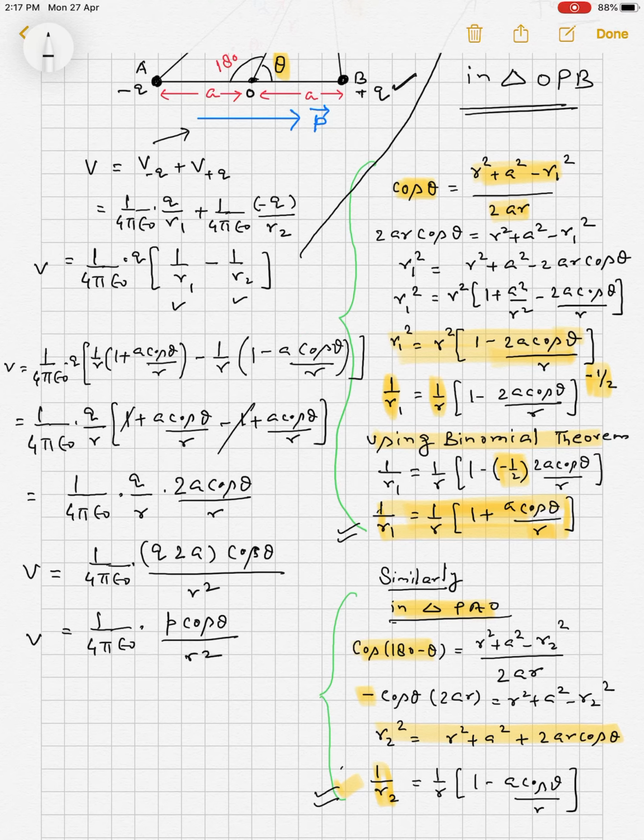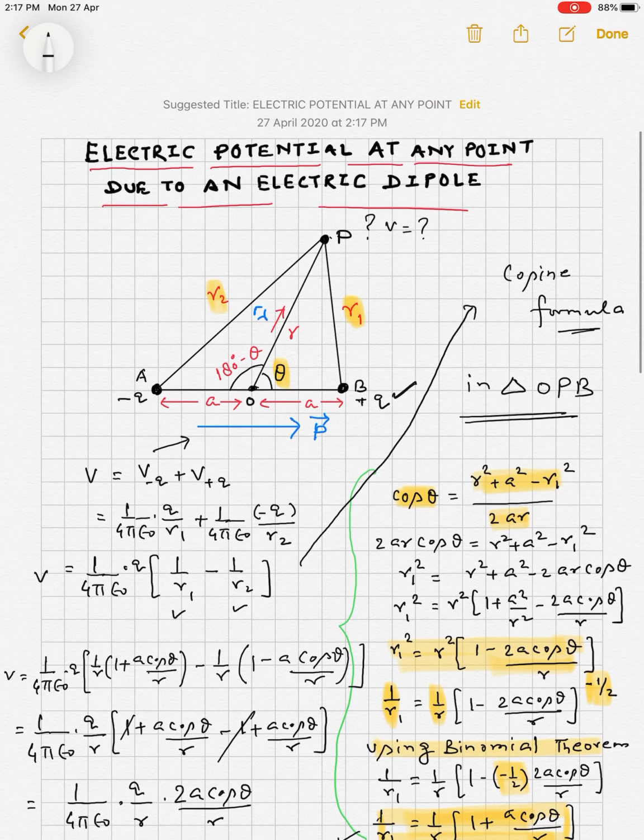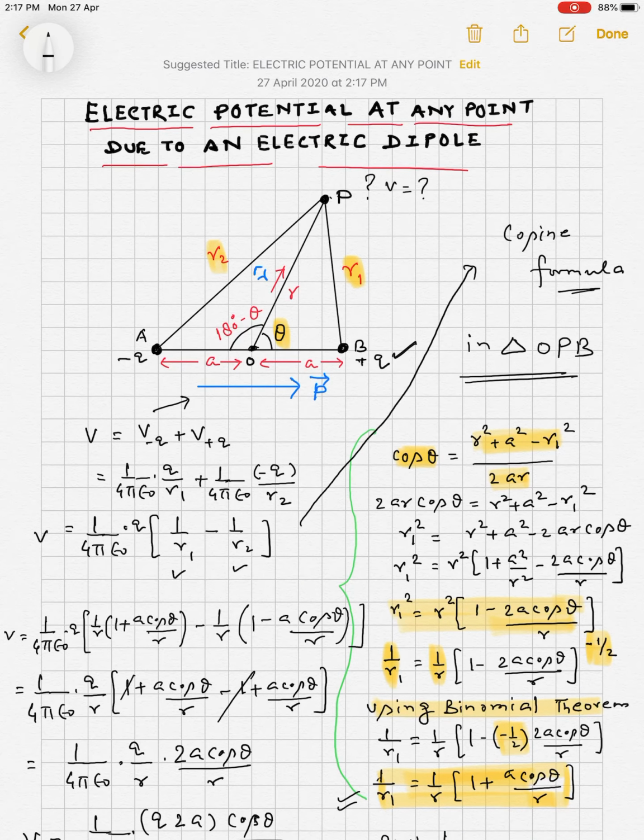But from the diagram we can write here p vector dot r unit vector, this is equal to p into 1 into cos theta. So this can be written as p cos theta. So p vector dot r vector, it's an important quantity.